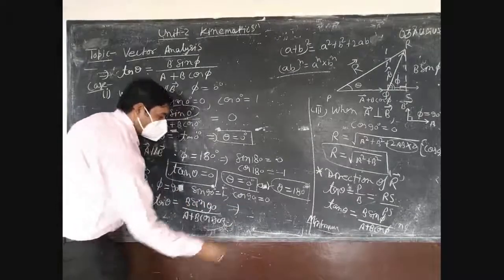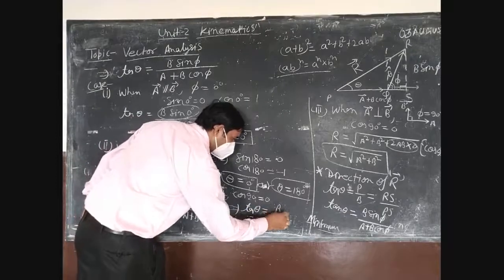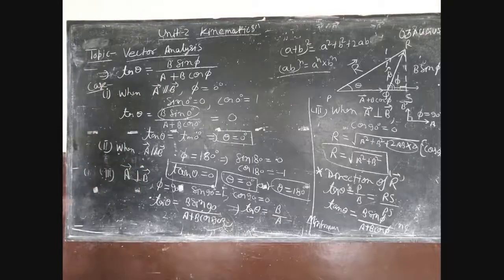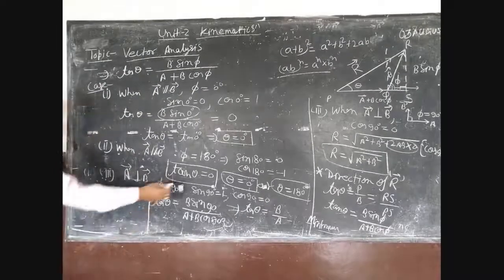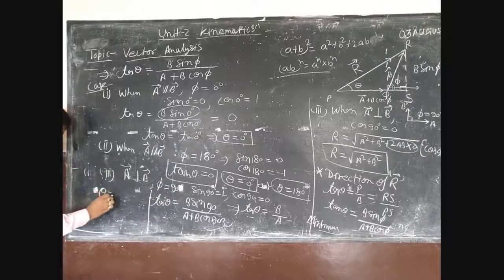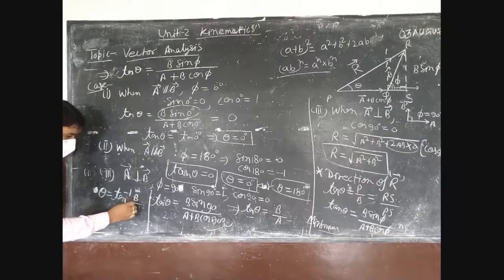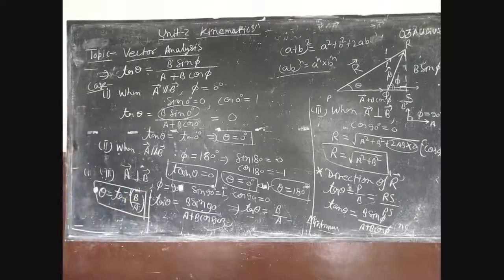In this case, tan theta is equal to vector B upon A, and theta is equal to tan inverse B upon A. Note it down.